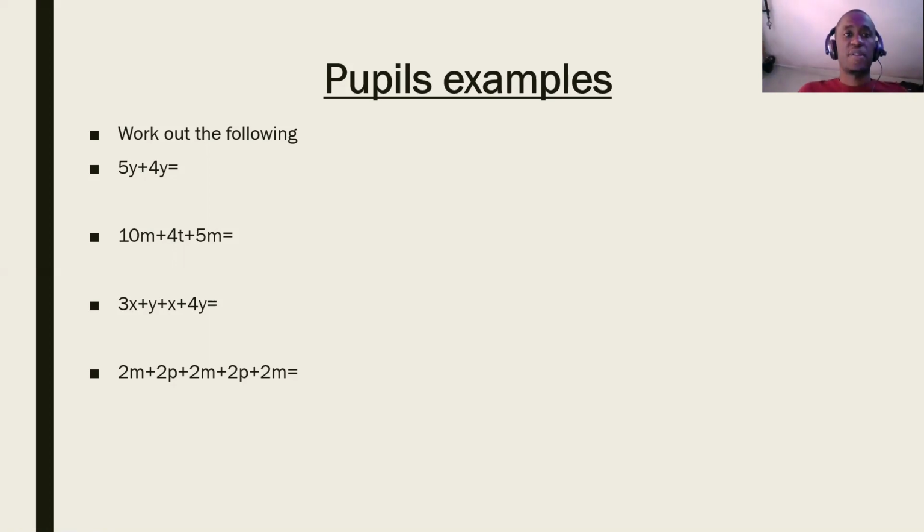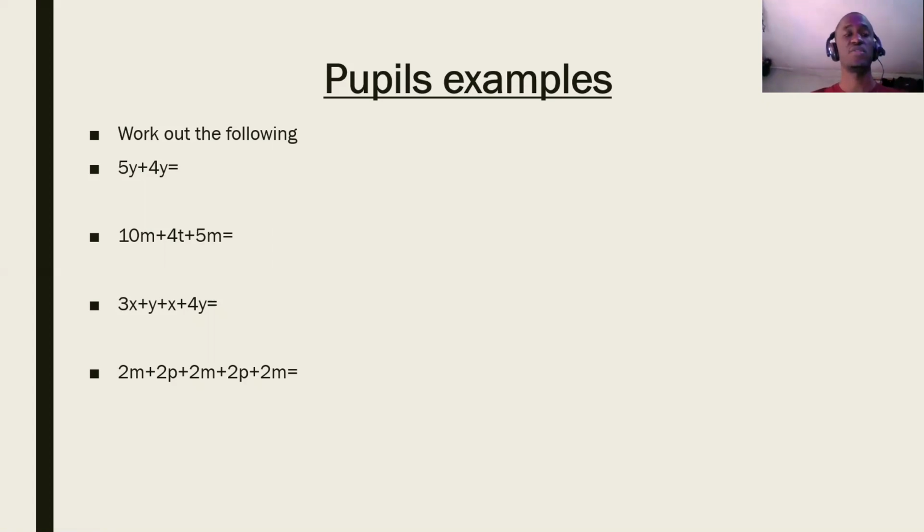And then 10m plus 40 plus 5m, what is the answer? Try that one also. And then we also have 3x plus y plus x plus 4y. Try that one also in your book. I want to see it. And then lastly, I want you to try 2m plus 2p plus 2m plus 2p plus 2m. So those 4 examples, I want to see them in your books.